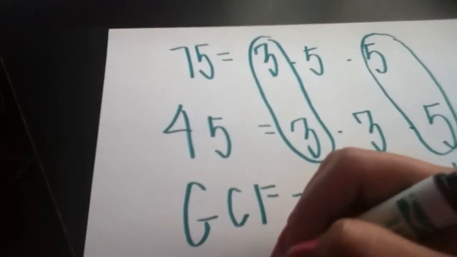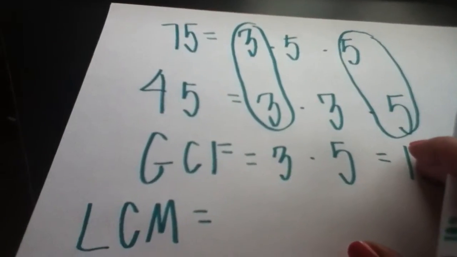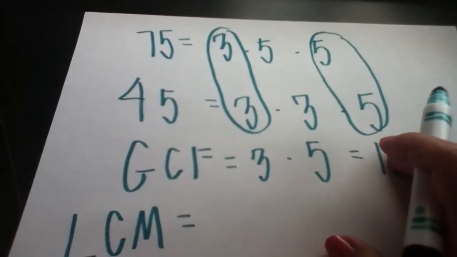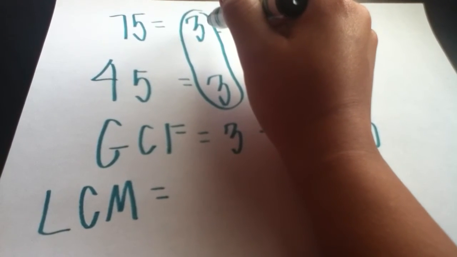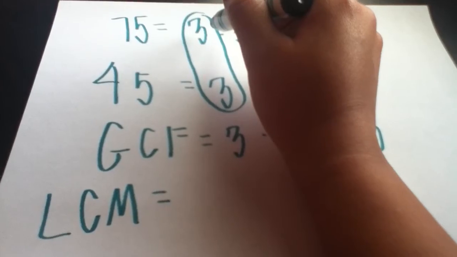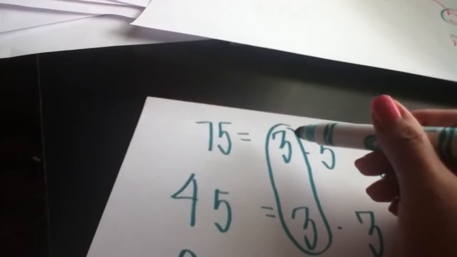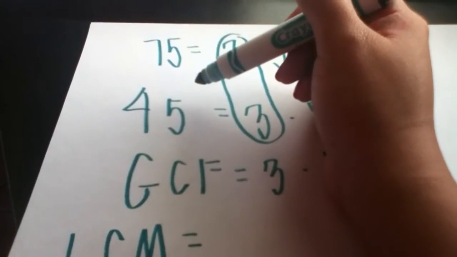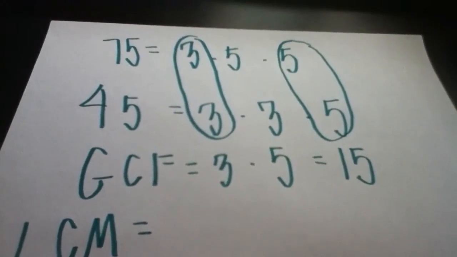So to find the LCM, you would write down, it all has to equal 225. So we would know that a combination of 75 and 45 using the prime factorization all has to equal 225.